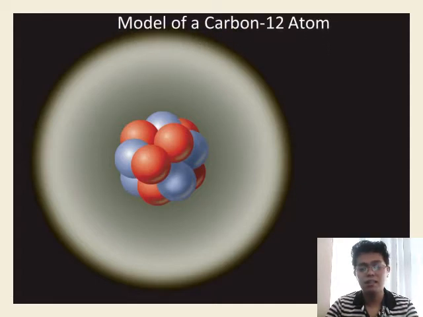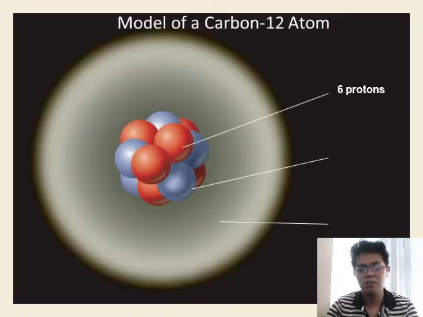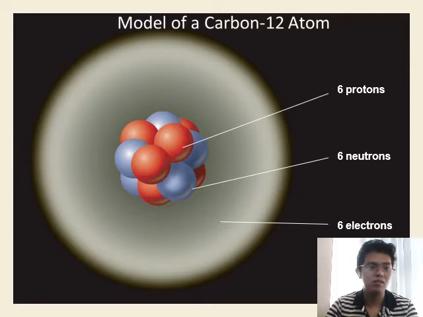And why is it called carbon-12? Because it has 6 protons and 6 neutrons. So 6 plus 6 is 12. So that's its mass number, 12. So we name it carbon-12 atom. And it also has 6 surrounding electrons.